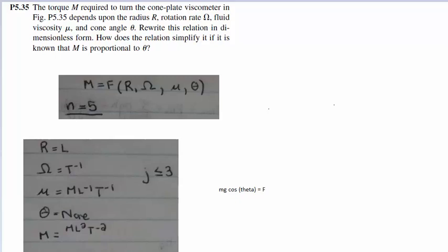The dimensions are still going to be in newtons, so they're going to be in mg. This cosine theta here doesn't actually have a unit, because you're just going to get some sort of constant multiplier, and it's not going to affect the dimensions of your problem. So that's what I mean when I'm saying that theta can't be a dimension. We don't have radians or anything when we're doing the Buckingham pi theorem.